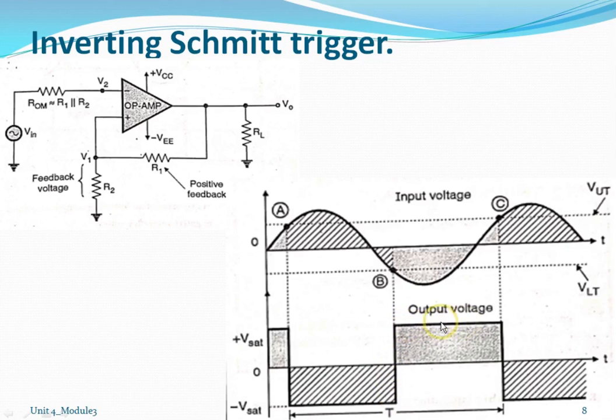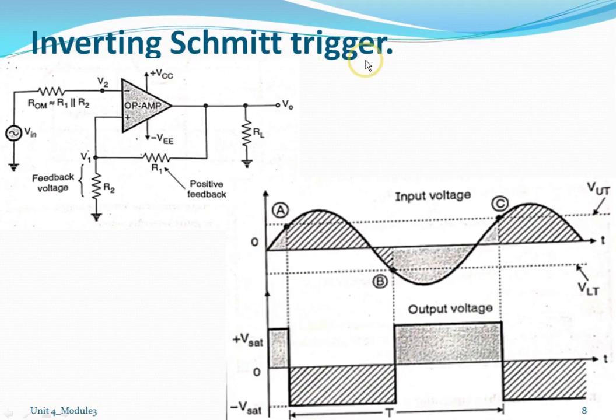If the output voltage is on the positive V side, then after point B the reference voltage is VUT for this inverting Schmitt trigger. In this way, the reference voltage, whether it's VUT or VLT, is successively changed, and it totally depends on the output, and accordingly we get the output waveforms.